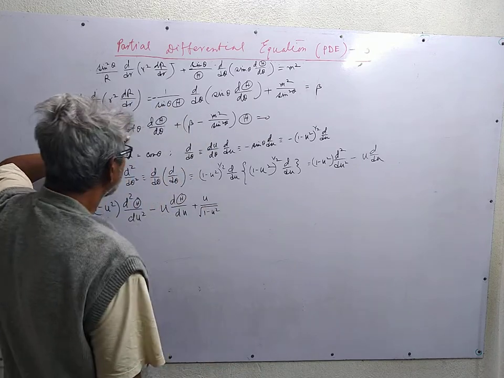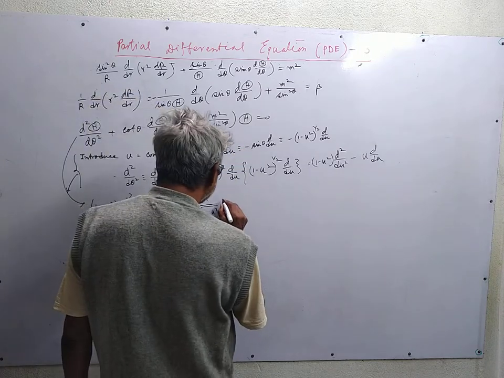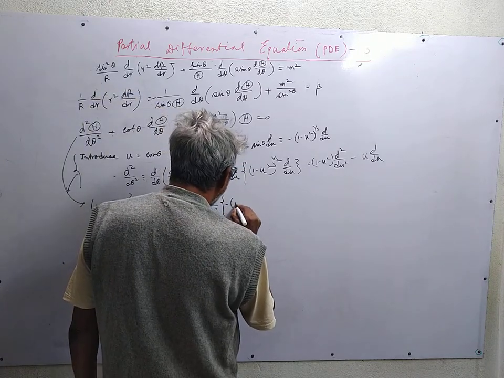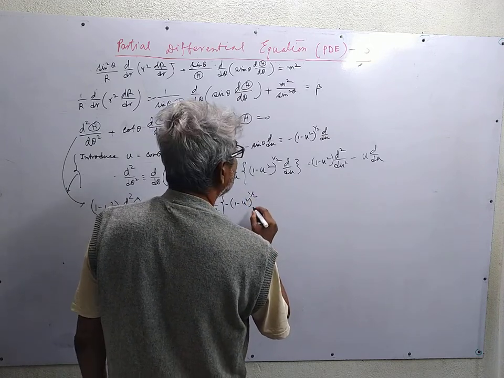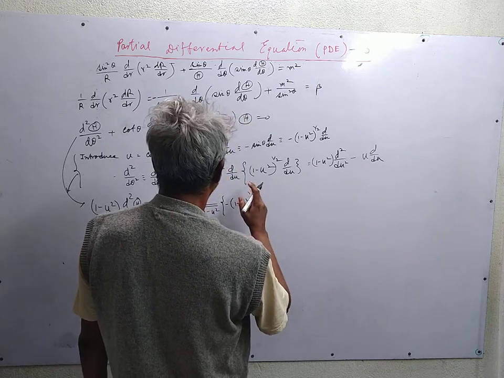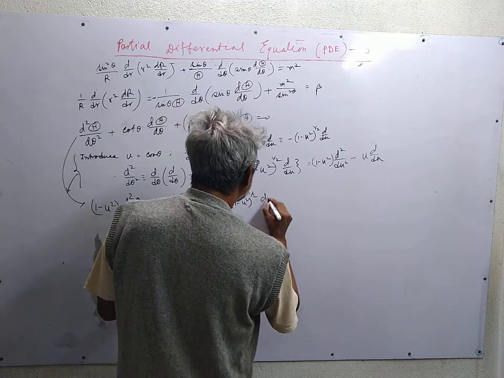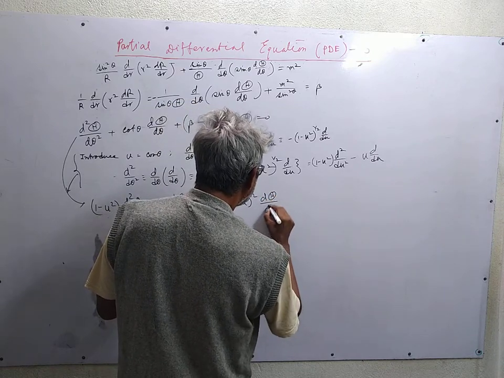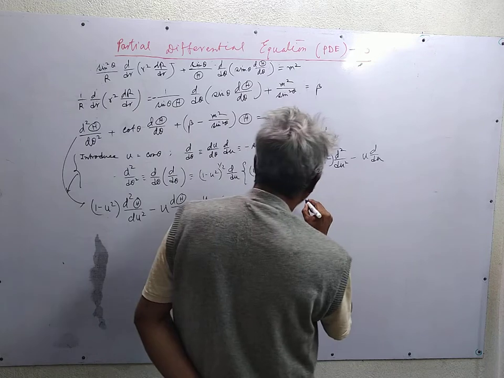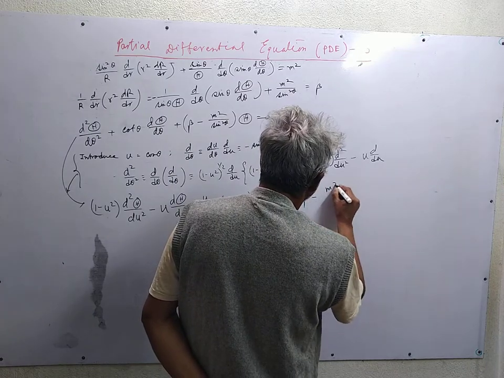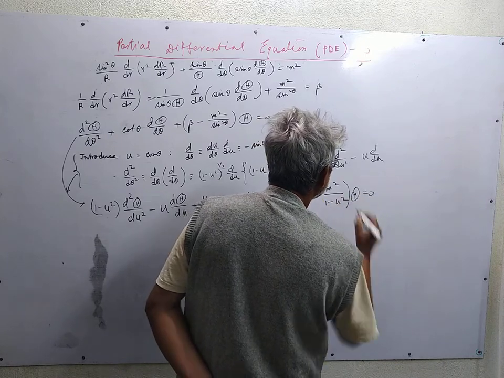Then d d theta has to be replaced by d du, which gives you minus (1 minus u square) to the power half d theta du, plus this term beta minus m square upon (1 minus u square) theta is equal to 0.